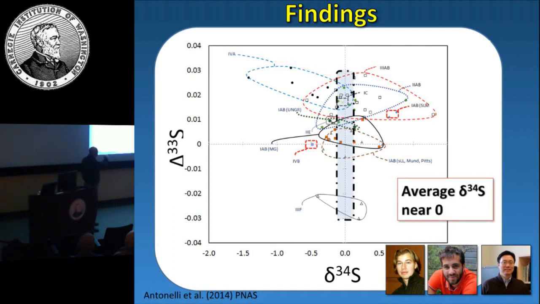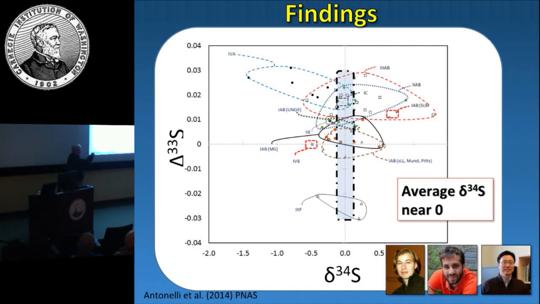But all of these, all the other ones, the average of them is very near zero. And this makes sense if you think about them carrying the bulk sulfur out of the planetesimal. So if you undergo metal silicate segregation, the sulfur partitions heavily into the metallic liquid, and then that liquid, as it crystallizes, will actually expel the sulfur, leaving behind the sulfides.